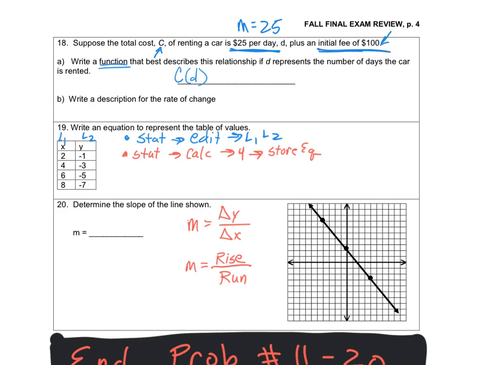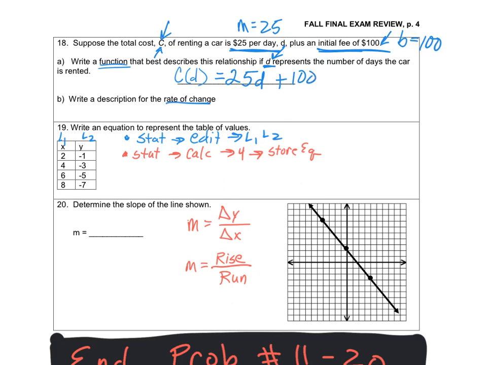The word initial fee or beginning fee lets me know that that's my b value. It says write a function that best describes the relationship of d if d represents the number of days. So I know that that's going to be c of d equals 25 was our rate, so 25 times the number of days plus our initial fee of 100.